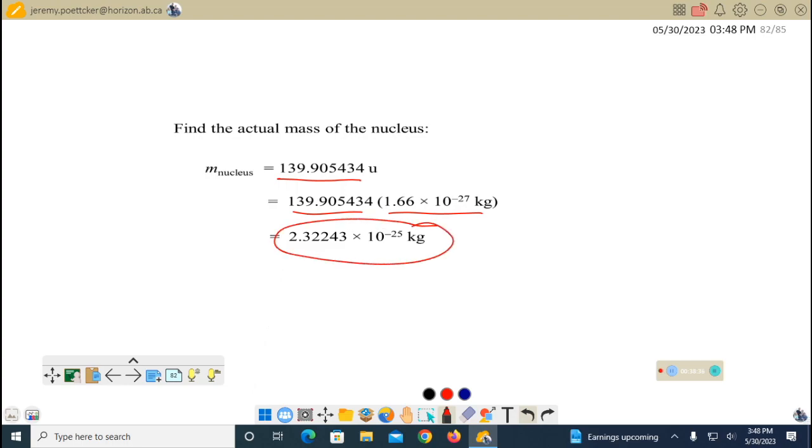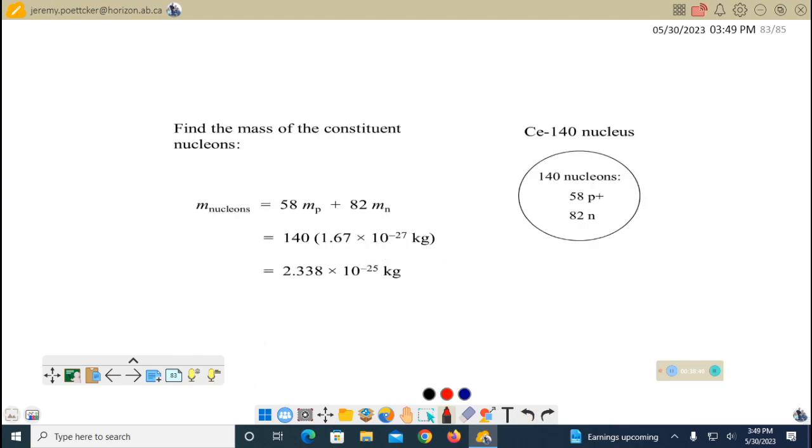Make sure you're working through this on your own. Don't just follow and watch. Constituent nucleons: we've got 58 protons, you know that from the periodic table, and 82 neutrons, or we can just say it's going to be 140. 140 times 1.67 times 10 to the negative 27 is this number.